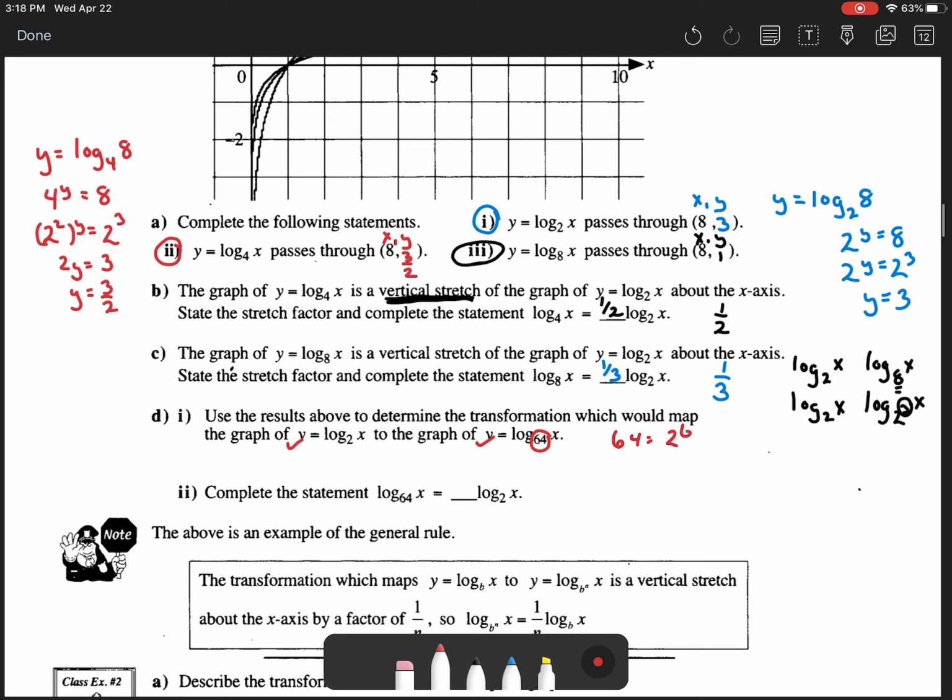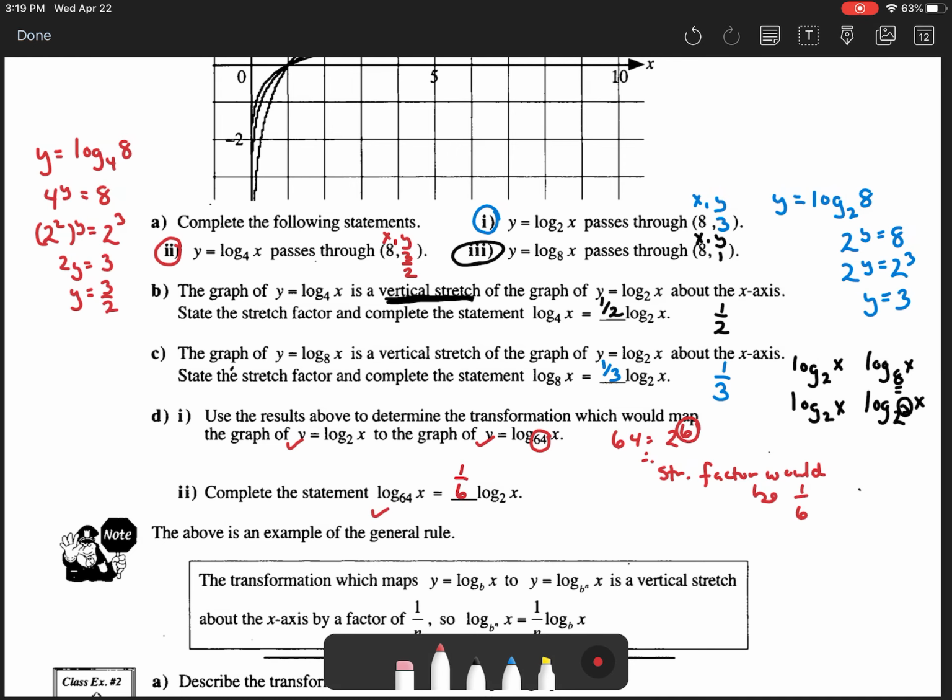They're saying I want to go from log base 2 of x to log base 64 of x. Well, the key is, can I write 64 as a power with a base of 2? And you can, right? 64 is 2 to the exponent of 6. Therefore, the stretch factor would be 1/, that exponent.